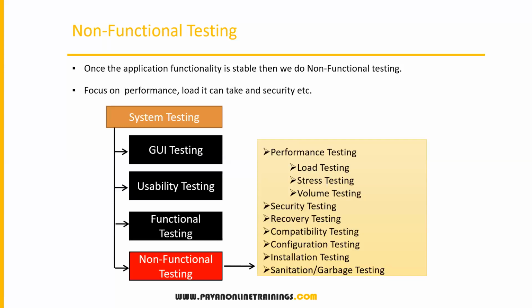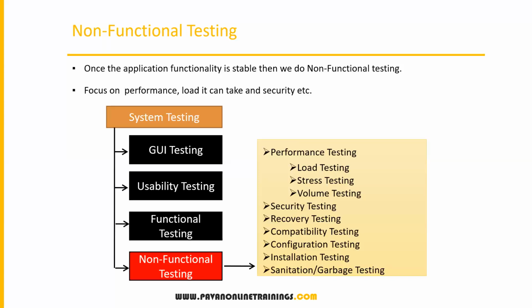Now, non-functional is nothing but customer expectation. What is customer expectation? Requirements are working fine, but when I try to use that application, performance is very, very low. I'm not getting the pages quickly, or my application is not that secure. Other people are also able to access my data. It should not happen like this.